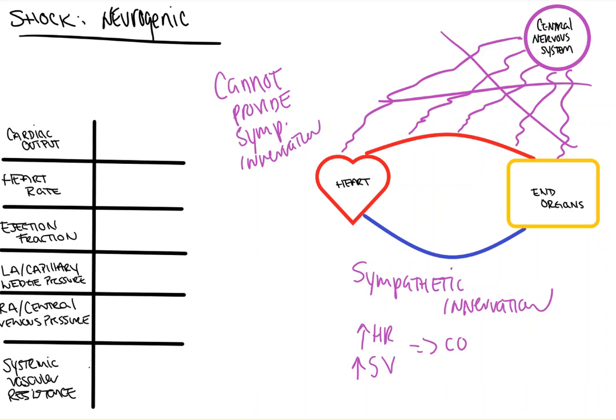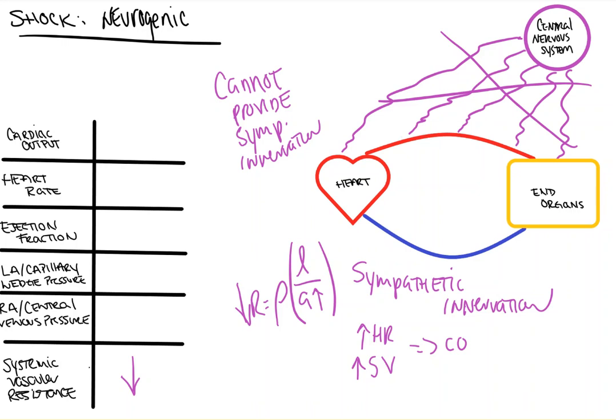That's really what the overall problem is. So they have a massive drop in their systemic vascular resistance. Again, resistance is equal to resistivity, rho, times the length over the area. And as your area goes up because of unopposed vasodilation, your resistance goes way, way down. So our SVR has dropped.